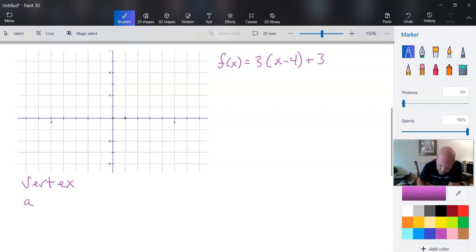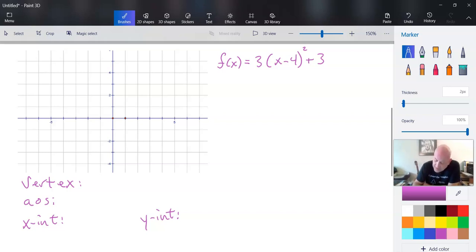Then I want my axis of symmetry. Then I want both x and y intercepts. And that should be enough to graph everything. So let's see what we can do here. Oh, I forgot to put a square on there. There we go. Now it's right. Otherwise, it was a line.